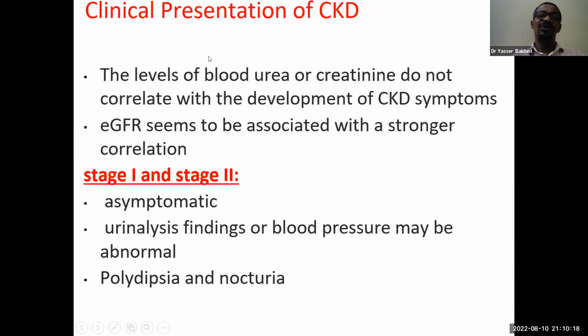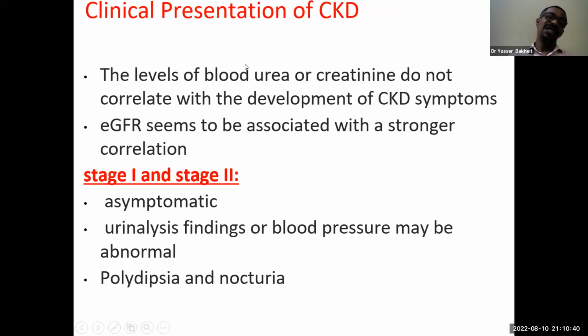So how do we find a biomarker for chronic kidney disease, or how do we detect it? The level of blood urea and creatinine does not correlate with the development of chronic kidney disease symptoms. Estimated GFR seems to have a strong correlation.